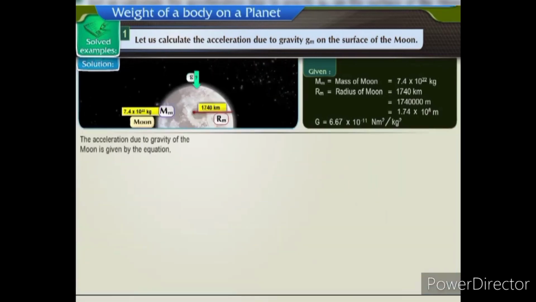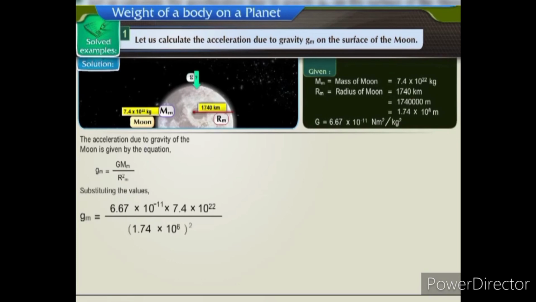The acceleration due to gravity of the Moon is given by the equation gm is equal to G Mm upon Rm square. Substituting the values, gm is equal to 6.67 x 10^-11 x 7.4 x 10^22 upon 1.74 x 10^6 the whole square.